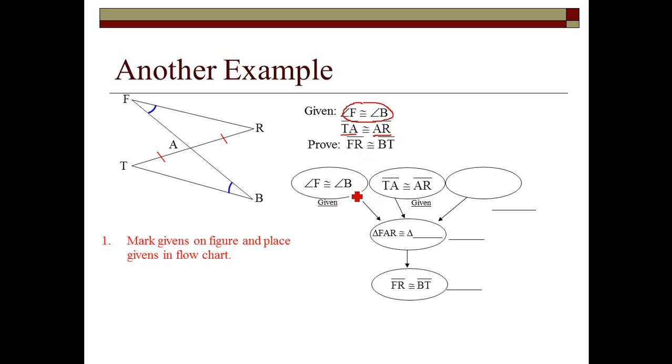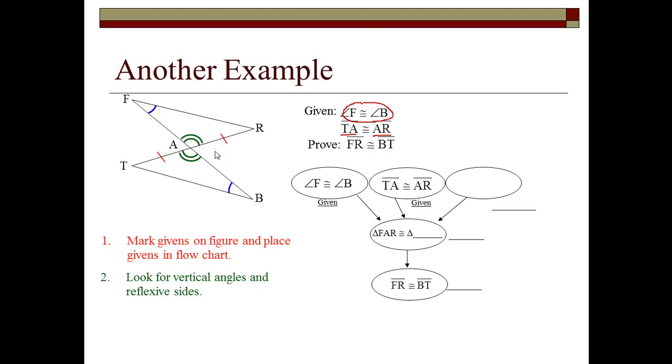So I'm looking for any other sides or angles I know to be congruent either by reflexive or by vertical angles. Well, if I see the angle right here, these two angles are congruent, but I have to be able to describe those.